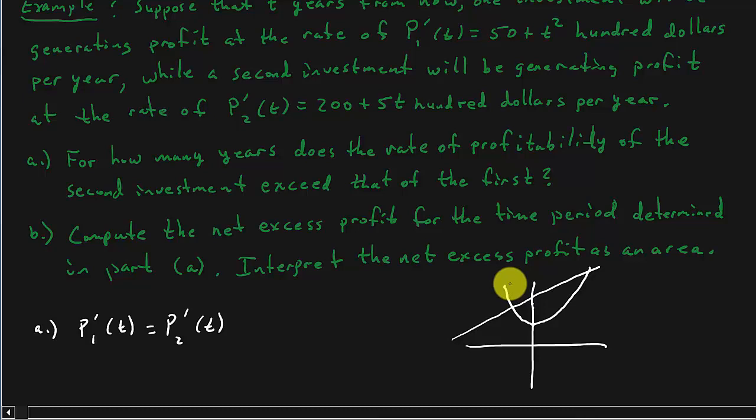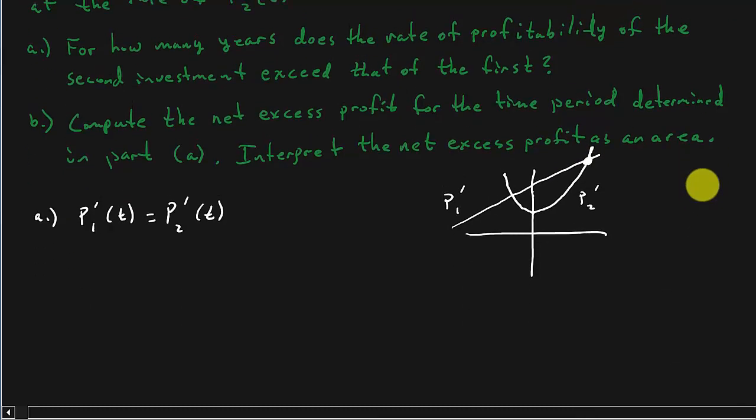This would be your P2 prime, and this would be your P1 prime. You can see that it exceeds it until we get to this point right here, and then the bottom curve, P1, would be larger. So we need to figure out what that point is. How do you do that? You set them equal to each other and solve.